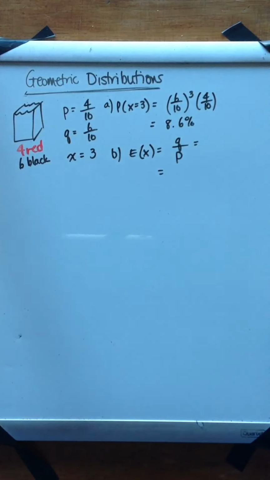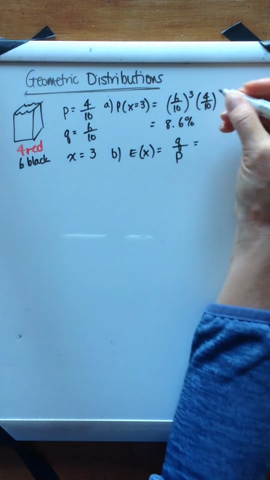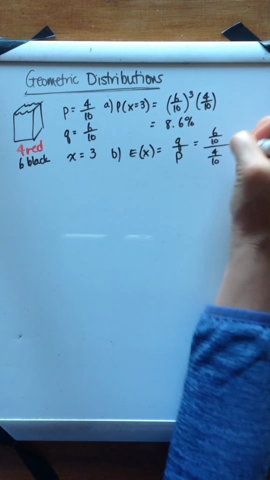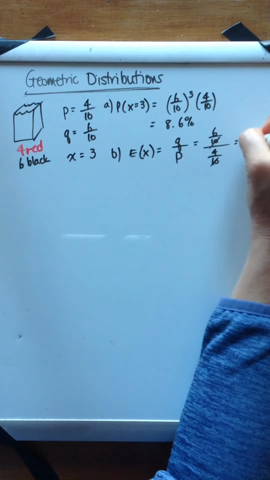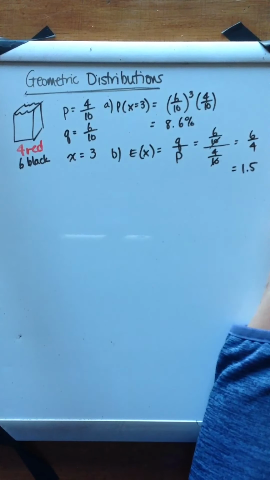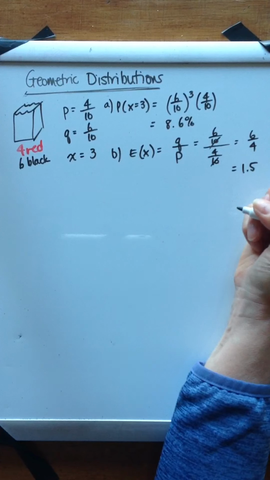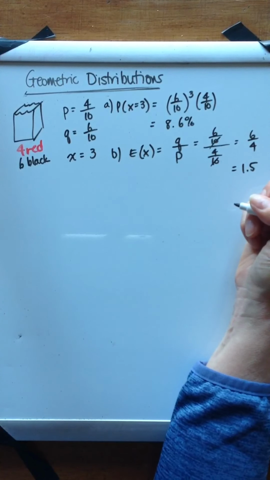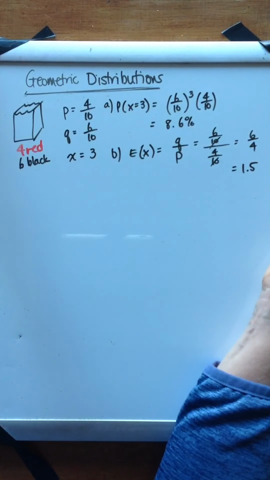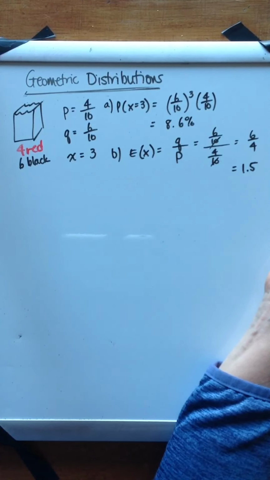So we have 6/10 divided by 4/10, which comes to 6 out of 4, which means after 1.5 attempts, or 1.5 turns, you would expect to draw a red nib on average if you did this over and over and over again with many, many trials.